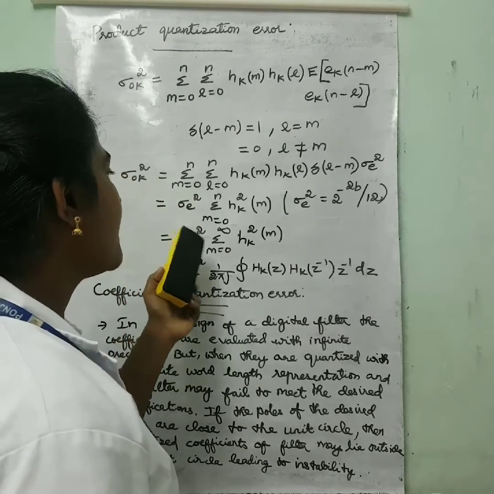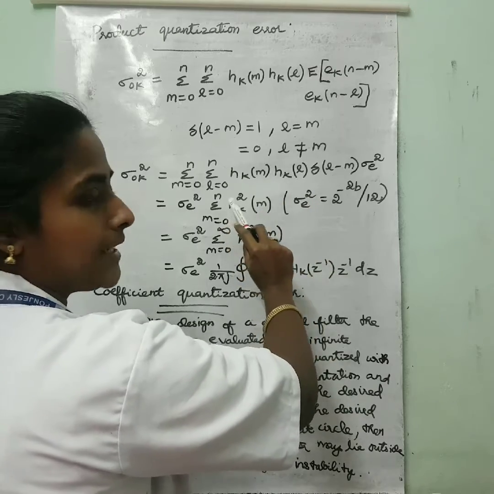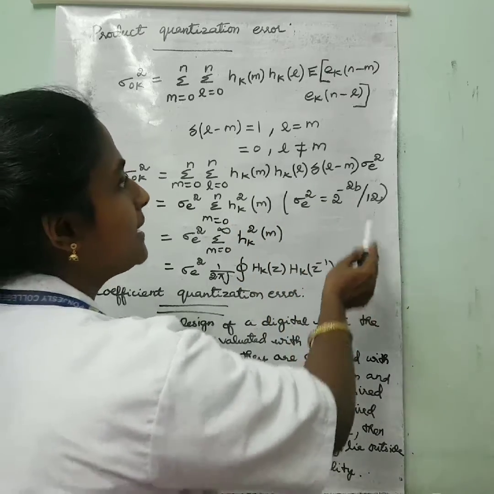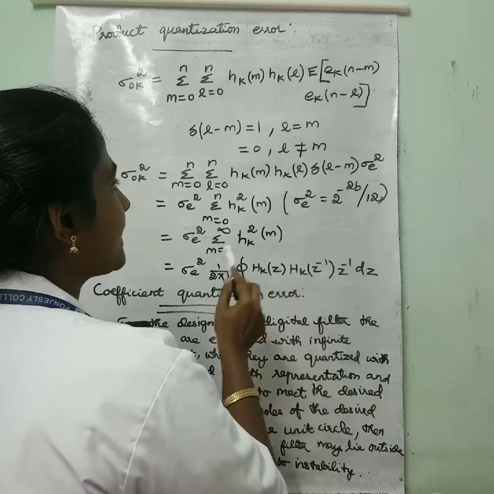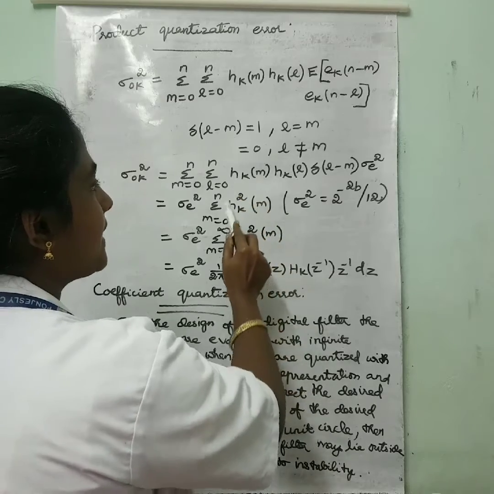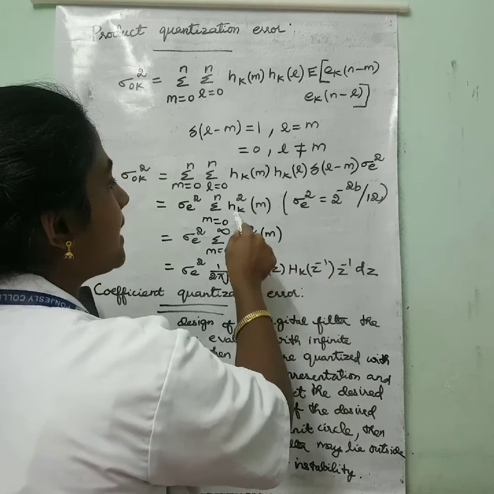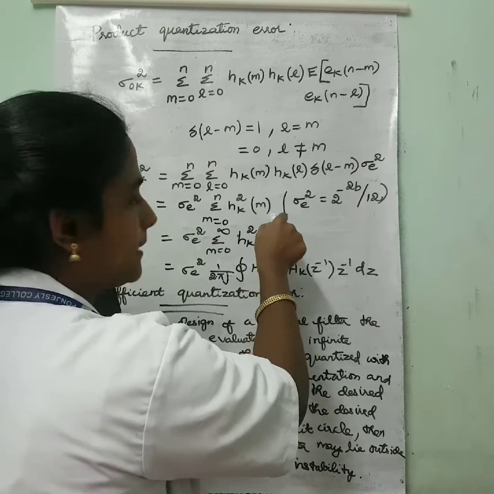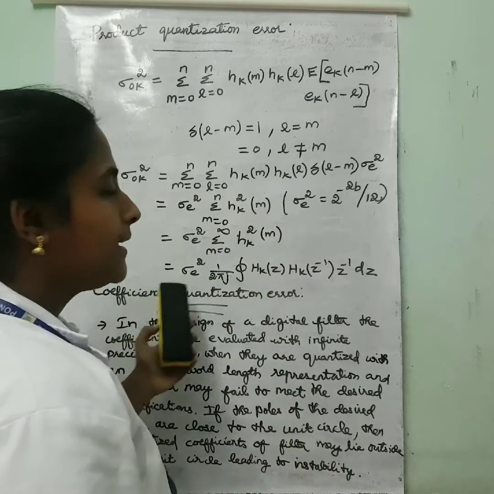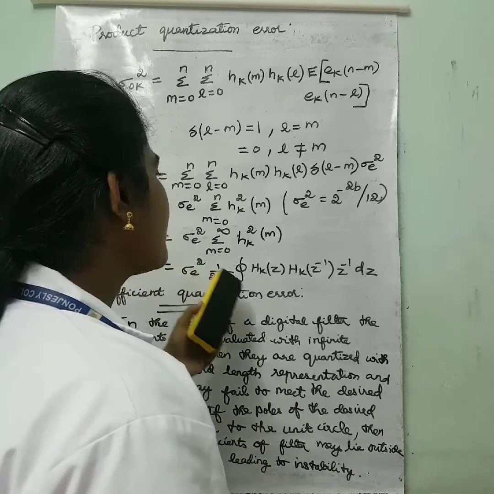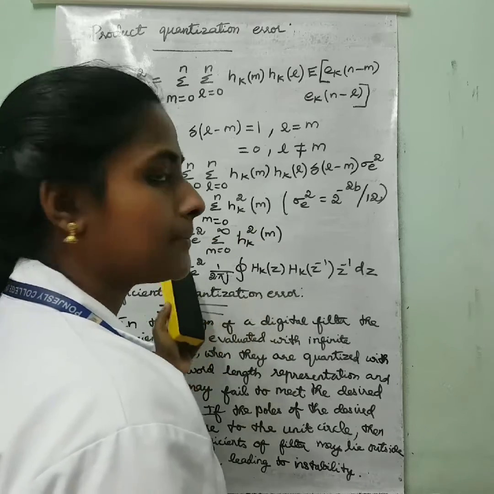Taking L is equal to M, since del of L minus M is 1 only then, you will get hk square of M, and the summation will be M is equal to 0 to N. In the next step you can take M is equal to 0 to infinity, hk square of M into sigma E square.